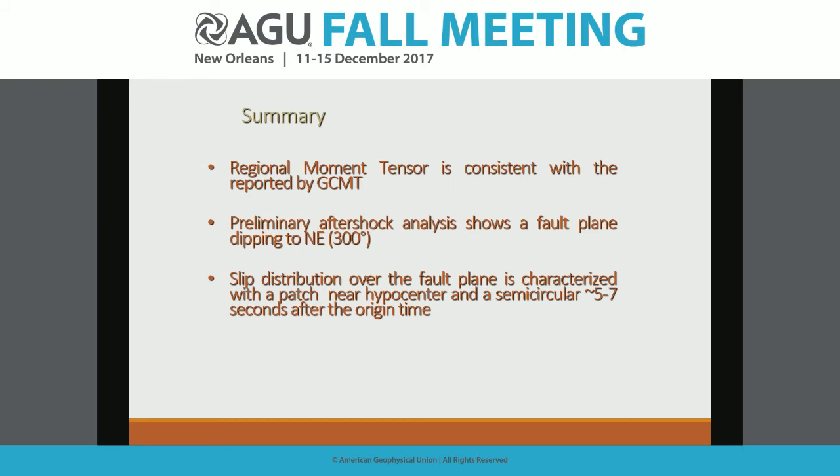And the slip distribution over the fault plane is characterized by a patch close to the hypocenter and something similar to a semicircular rupture 5 or 7 seconds after the initial time. And that's it. Thank you very much.